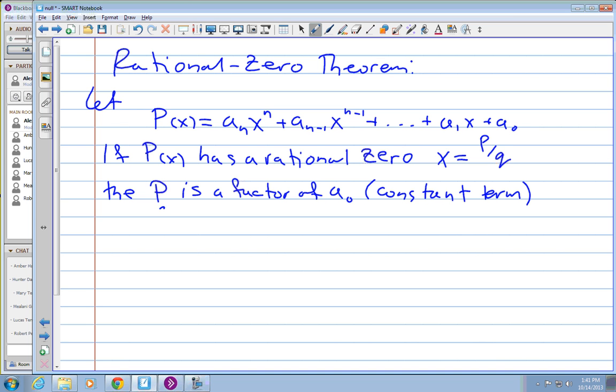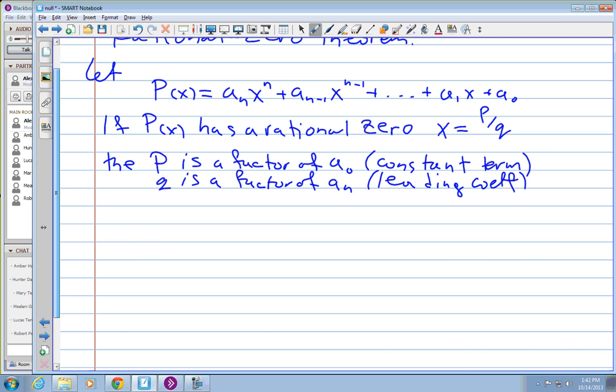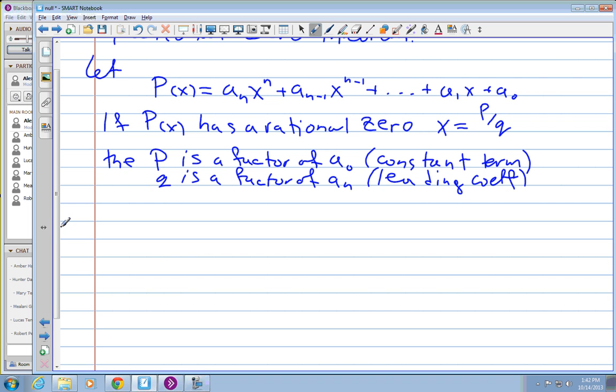And q is a factor of a sub n, the leading coefficient. Where p and q are integers. Okay, so we're looking at just rational zeros. So this will allow us to reduce our options for rational zeros.